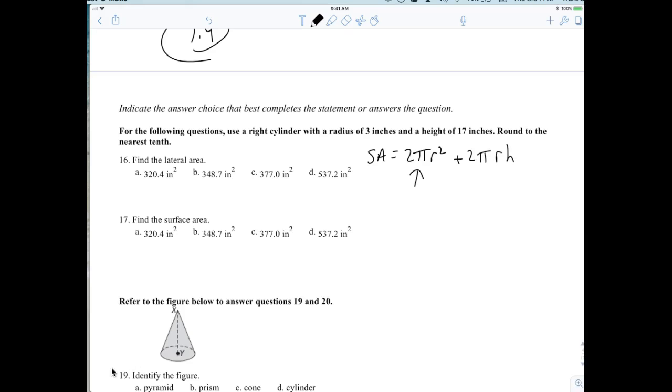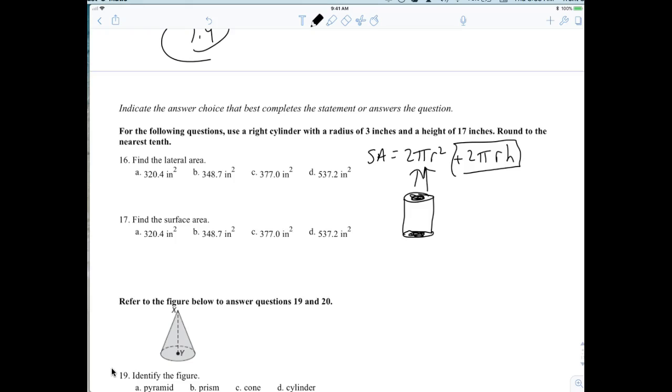The 2 pi r squared represents the two bases. One pi r squared and one pi r squared give you 2 pi r squared. So the 2 pi r h is the lateral area. And remember, the lateral area is the perimeter times the height. The perimeter of a circle is called the circumference.